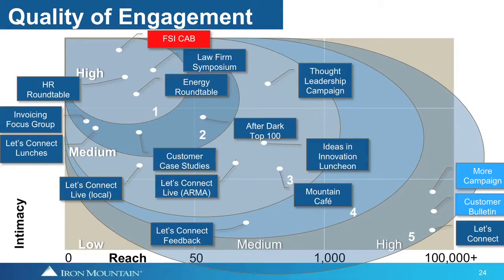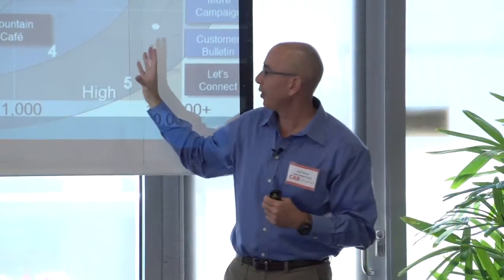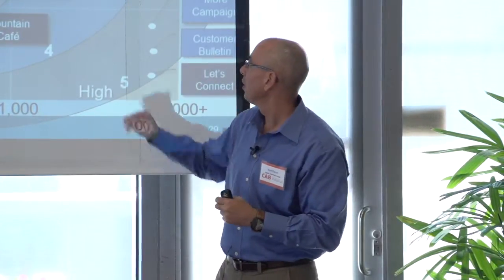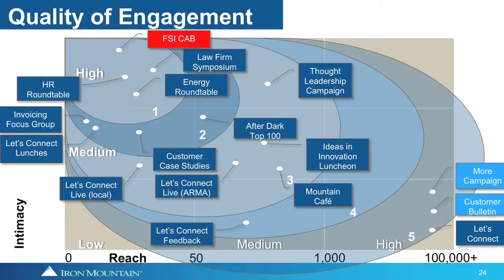Again, this is in the hundreds of thousands. And then you have all types of different campaigns that are getting into smaller groups of customer communities. You know, different luncheons, after dark. These are customers that you need to go after because they are no longer customers of Iron Mountain.